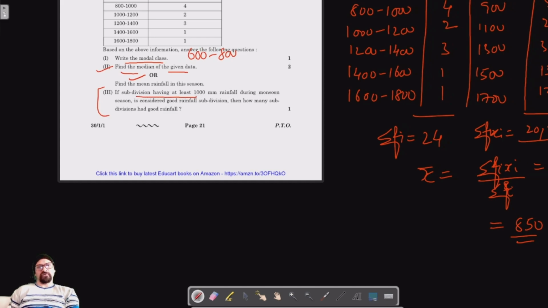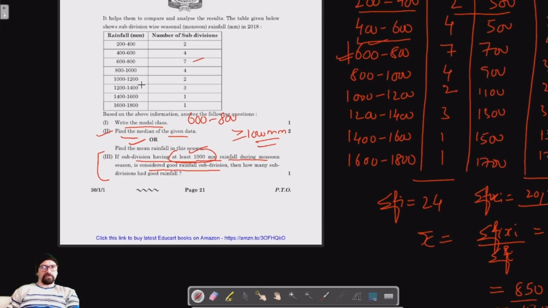Okay, and there's one more part of the question which says that if the subdivision having at least 1,000 millimeter of rainfall during monsoon is considered a good rainfall subdivision. So at least 1,000 means greater than or equal to 1,000 millimeter. That is the meaning of at least. So we have equal to.